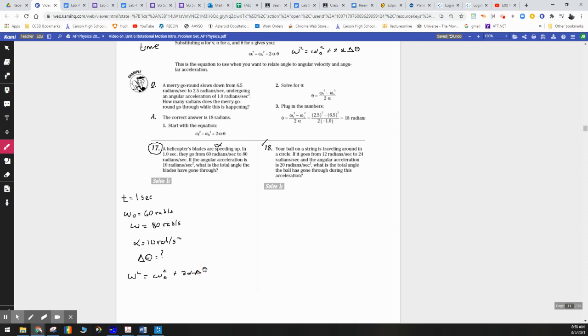Plugging in all the numbers and solving for delta theta, it should be about 140 radians. So you try number 18, and that will conclude Part A of Unit 6.